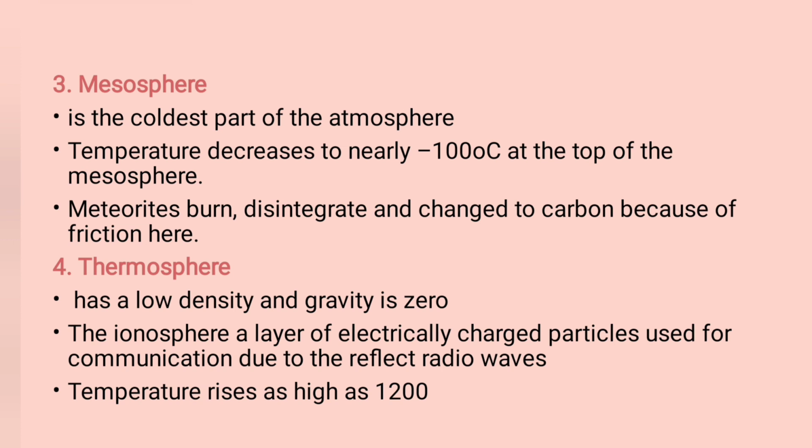The mesosphere is the atmospheric layer known for having the coldest part of the atmosphere. Temperature decreases to nearly negative 100 degrees Celsius at the top of the mesosphere. In this layer, the meteorites burn, disintegrate, and change into carbon.